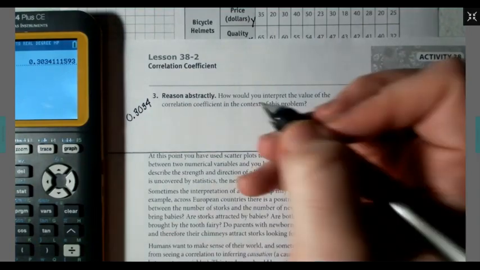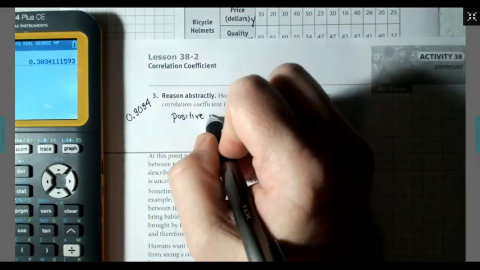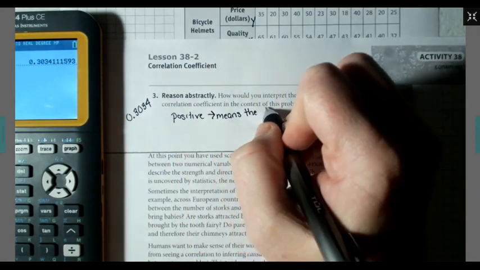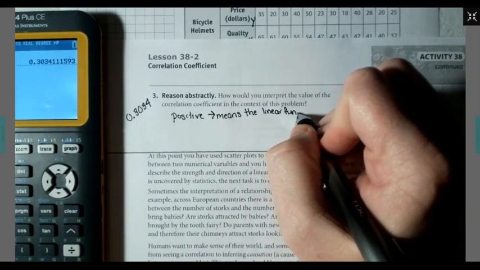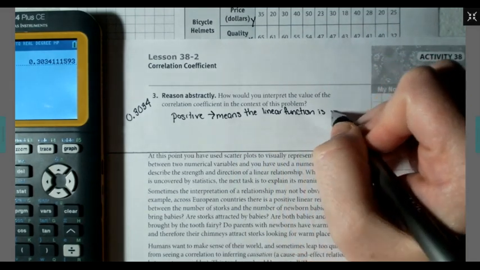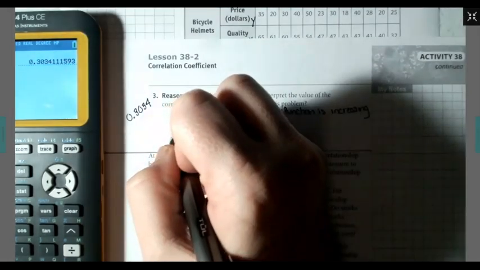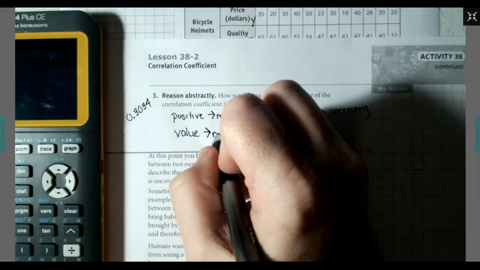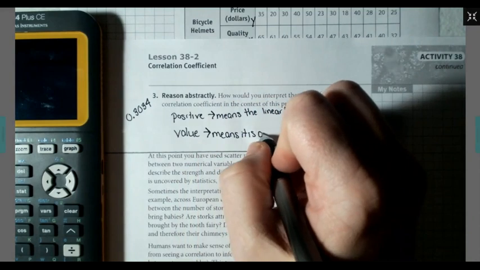Well, positive basically means the linear function is increasing, and the value means it is a weak correlation.